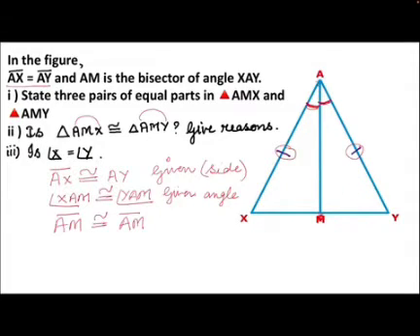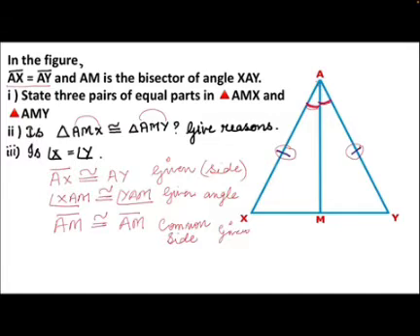That is triangle AMX and triangle AMY. So these two triangles have a common side, that is AM. Naturally, that AM is equal to AM because it is a single line segment. Okay, so you will write common side. Okay, that's also given.